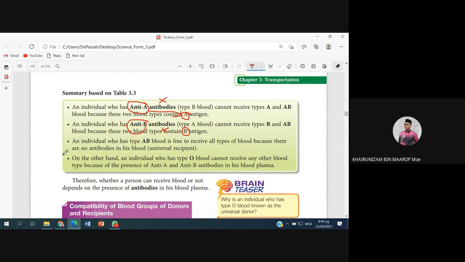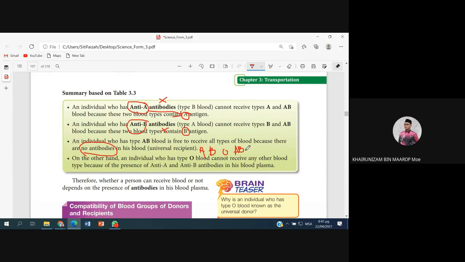And then an individual who has type AB blood is free to receive all types of blood because there are no antibodies. So this blood type can mix together with A or B or O and itself, because it doesn't have antibodies at all.